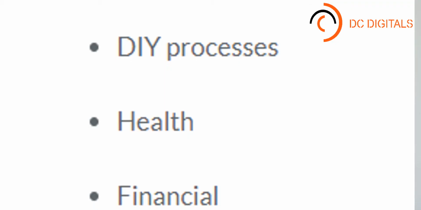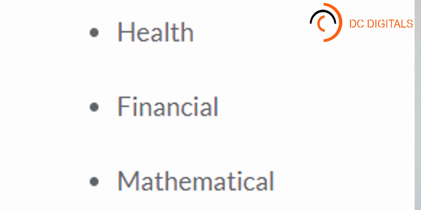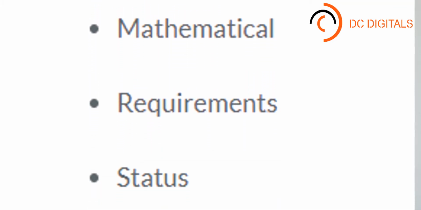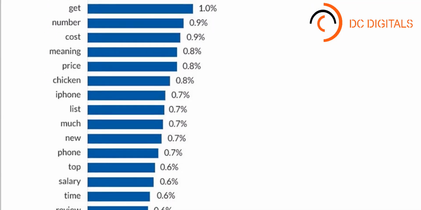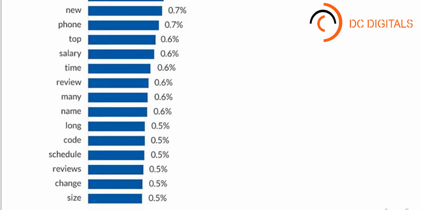Finally, according to the analysis performed in a study, the following types of search queries get featured results most often: DIY, process, health, financial, mathematical, requirements, status, transitional, etc. The Ahrefs study expands the list of popular topics with the most frequent words that appear in featured snippets. The following types of search queries usually don't have answer boxes: images and videos, local, shopping.